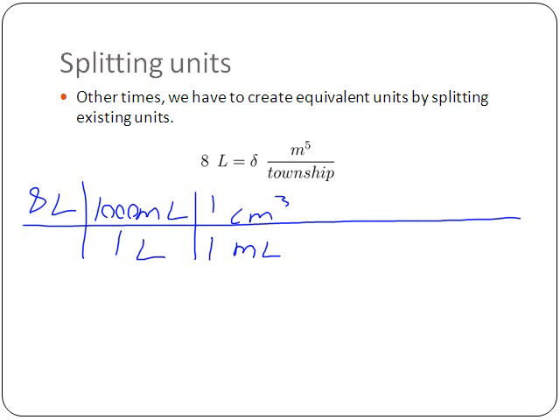Now, here's sort of where the magic happens. So let's take a look at what we've canceled so far. Liters is gone. Milliliters is gone. We just have centimeters cubed. What we could do is we can say here, centimeters cubed.